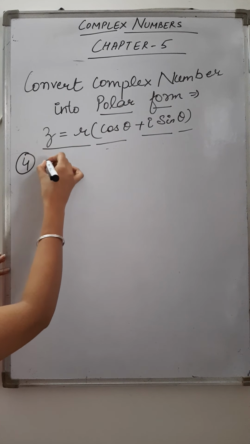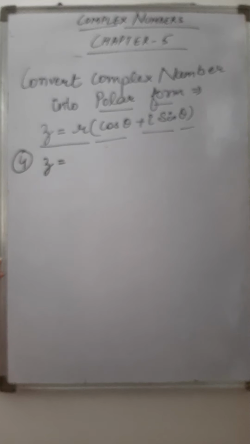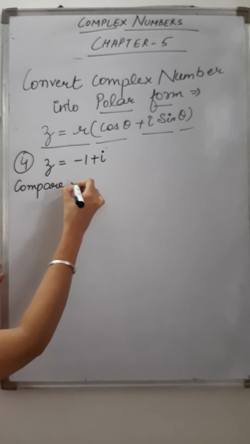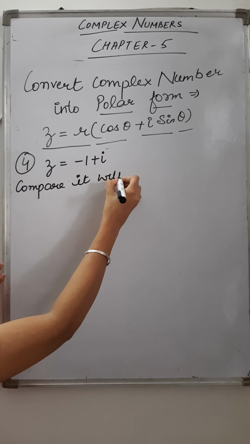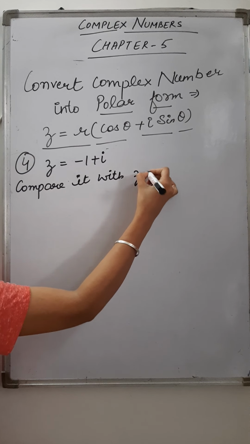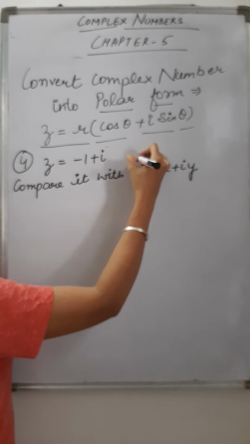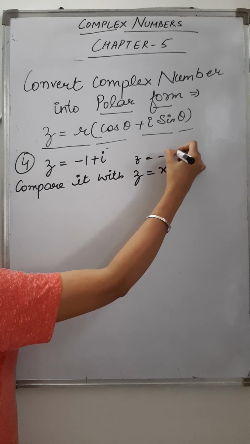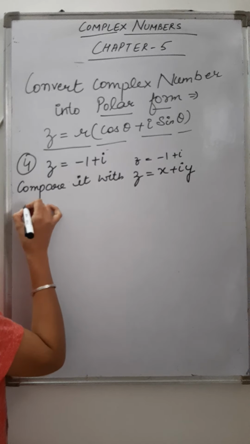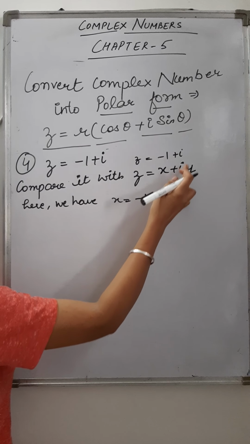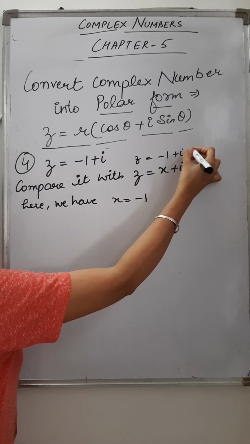Our next question is question number 4. z is equal to minus 1 plus iota. Similarly compare it with z is equal to x plus iota y. So here you have x is minus 1 and y is 1, you can say 1 into iota.